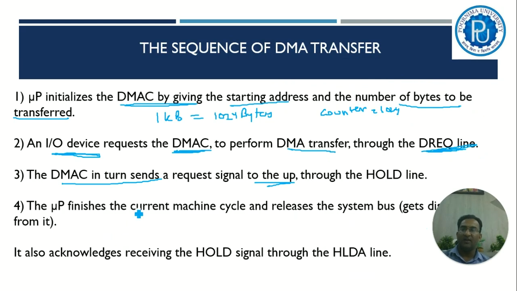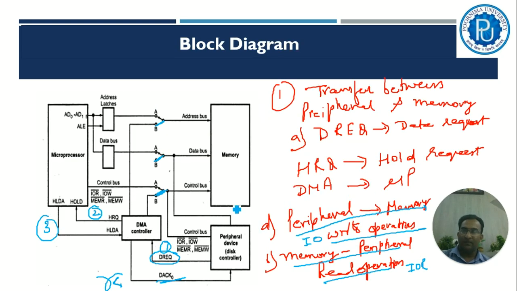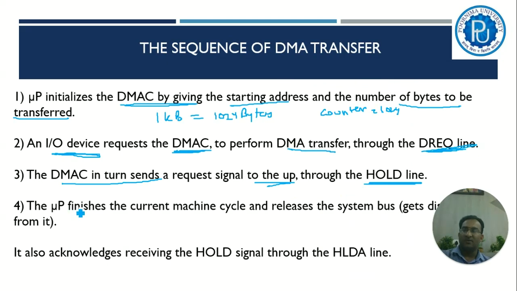So this was the second point. The DMAC in turn sends a request signal to the microprocessor through the hold line. This one is the hold line through which the DMA controller is sending the request to the microprocessor. After that, the microprocessor finishes the current machine cycle. It is involved in some work, so that work will be finished by the microprocessor, and then there will be a release of the system bus.